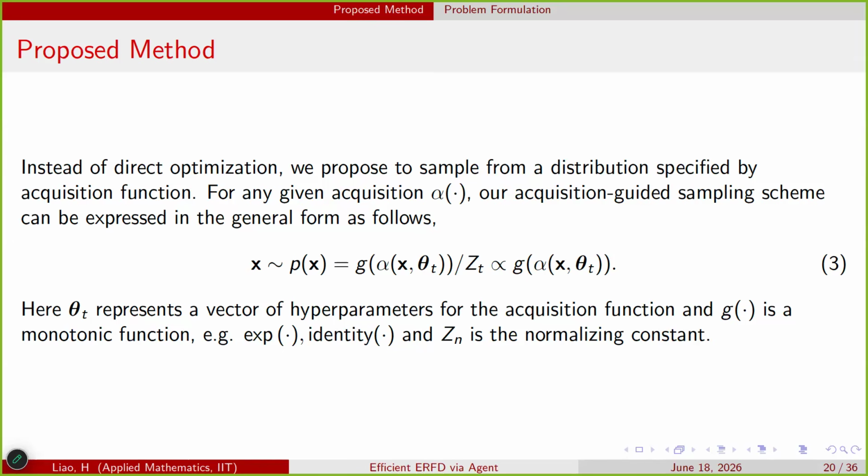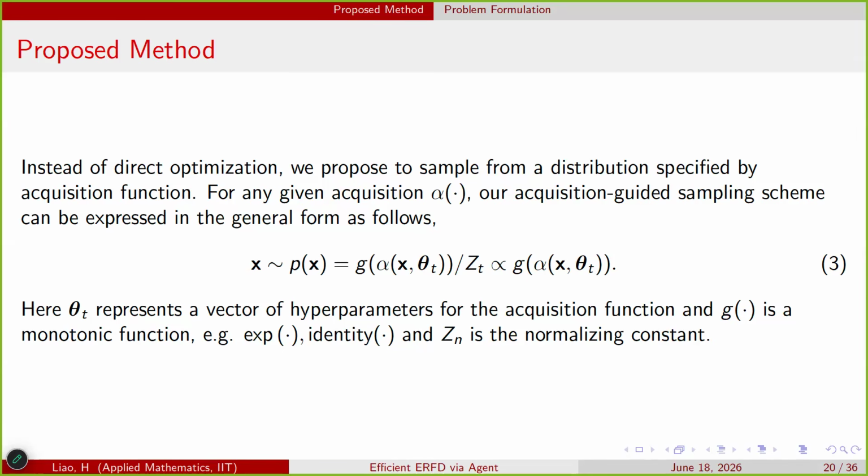But anyway, the proposed sampling distribution is going to be proportional to some function of the acquisition function. And the good thing about this kind of design is that if we have a sampling distribution, it will be easier to get multiple points. You don't need parallel optimization for a multimodal function.